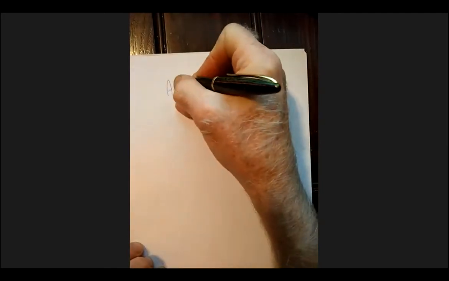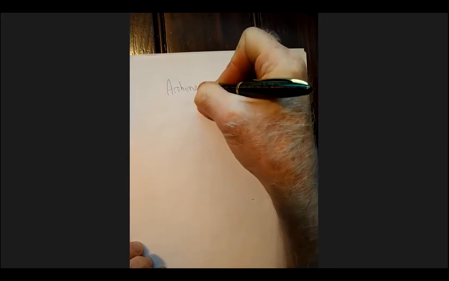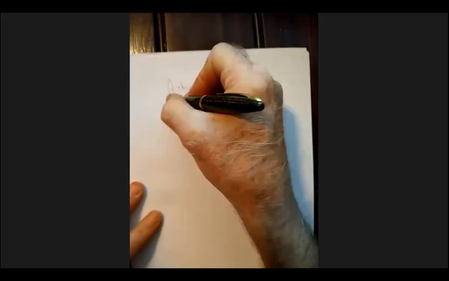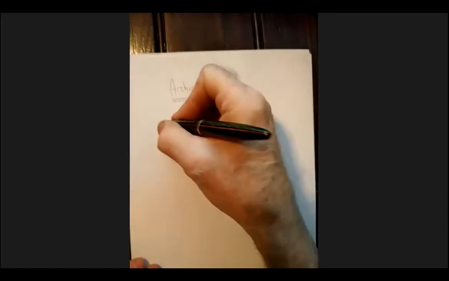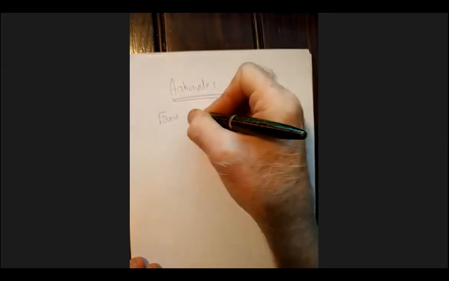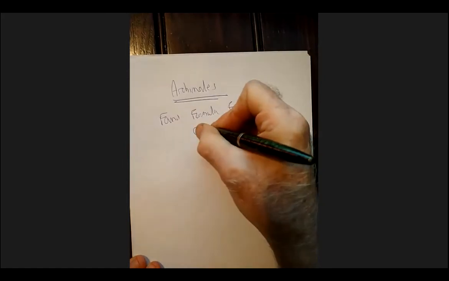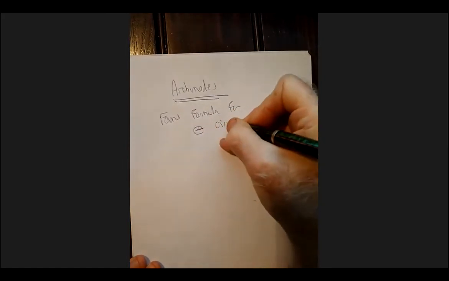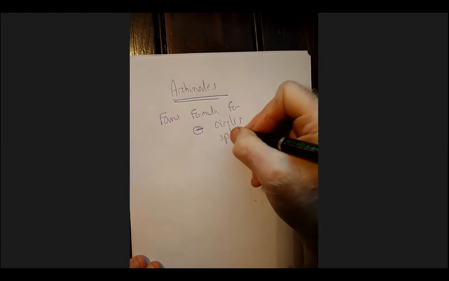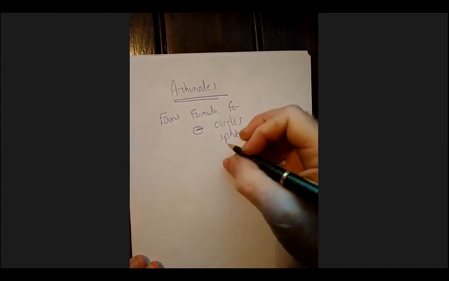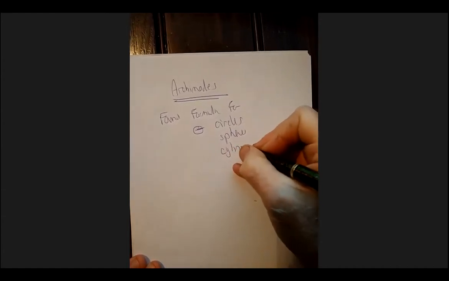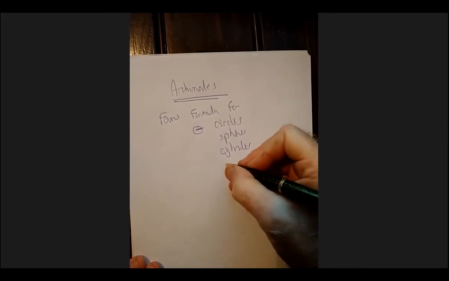Okay. So just a few things, and again, I'm not going to talk all day like I did when I was talking about how Greek math transitioned from 500 to about 300. But he found formulas for circles, spheres, cylinders, and cones.